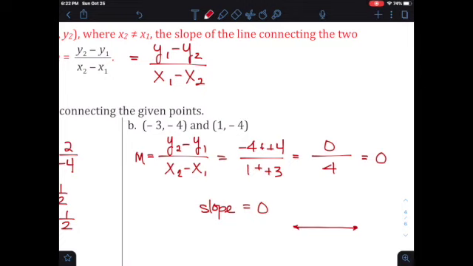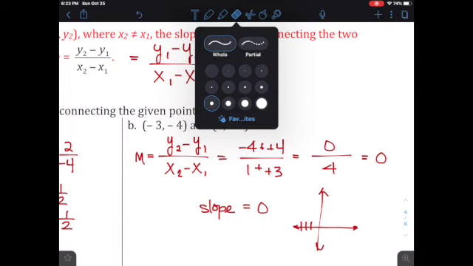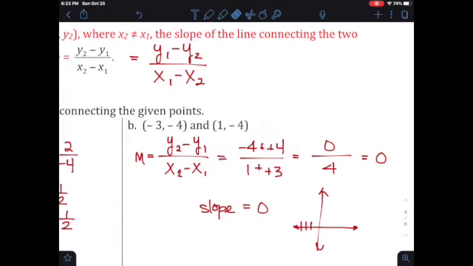Now if you don't believe me, you can graph it. So if you go on graphing, it's going to be -3, let's make it bigger. So it's going to be -3, and then it's going to be -4.